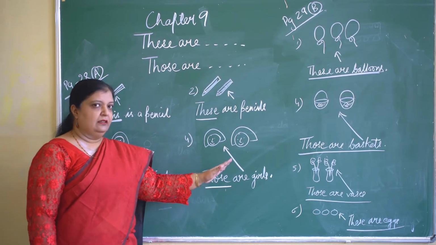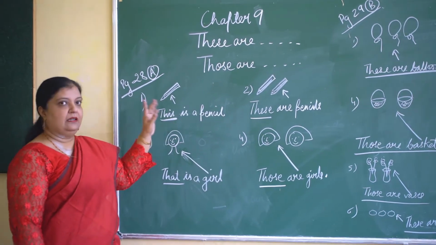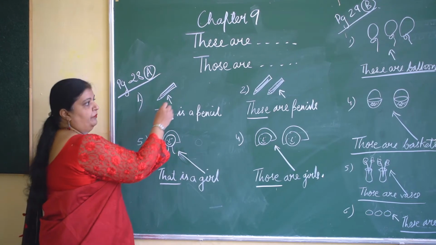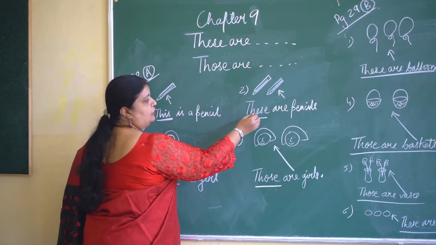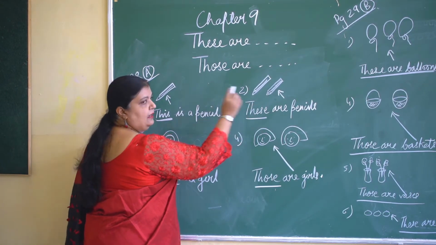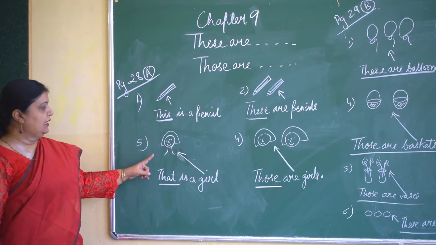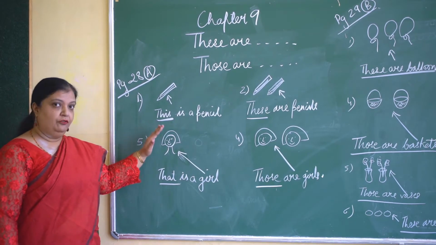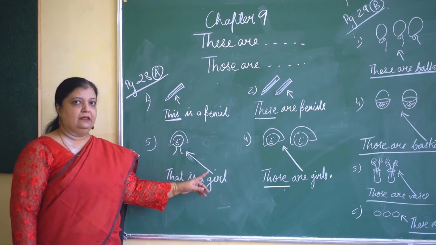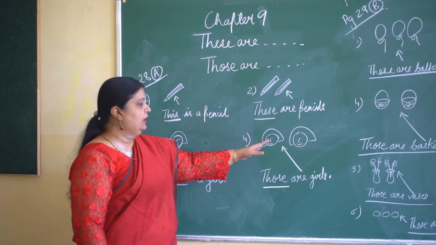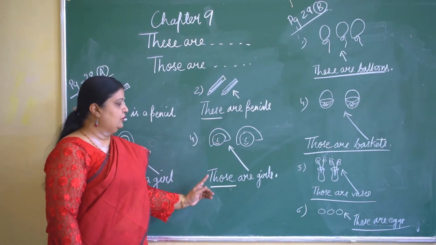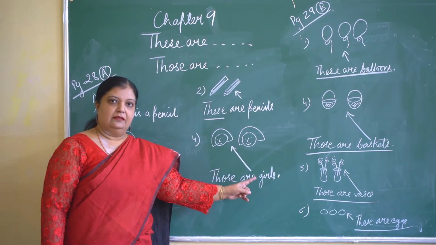This is a pencil, near. Two pencils, these are pencils. One single girl far off, that is a girl. Two girls far off, those are girls.